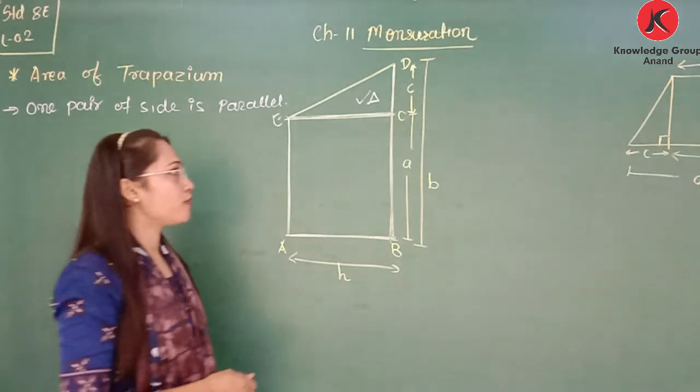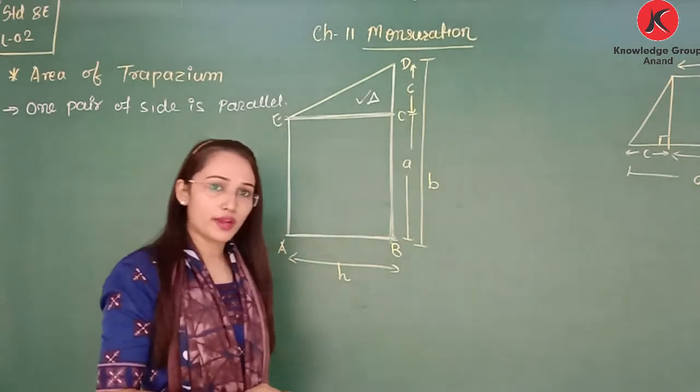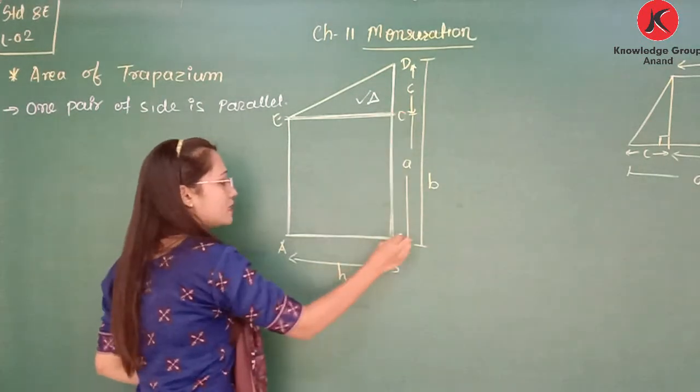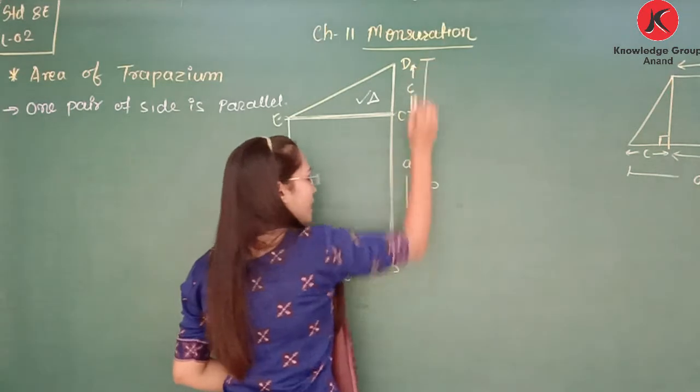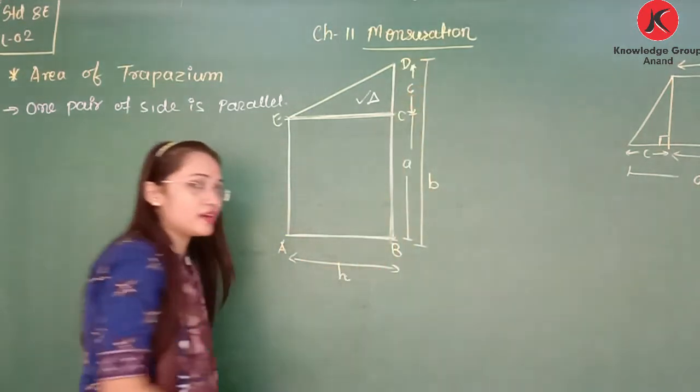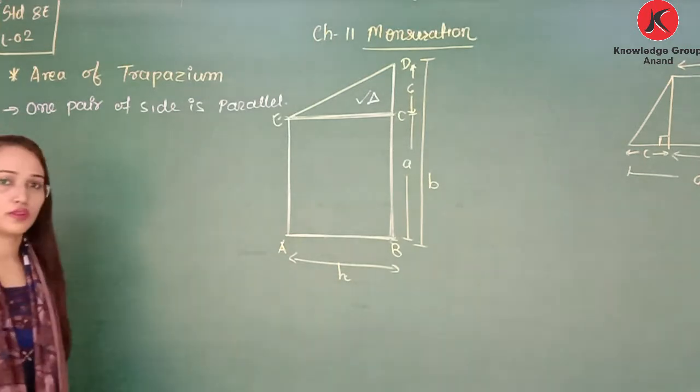And we know how to find the area of a triangle and the area of a rectangle. Here we consider the line BC as A, BD as B, CD as C and AB as H. So we are using symbols for this.